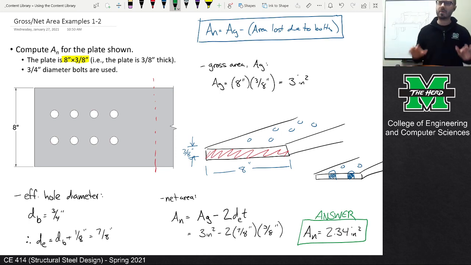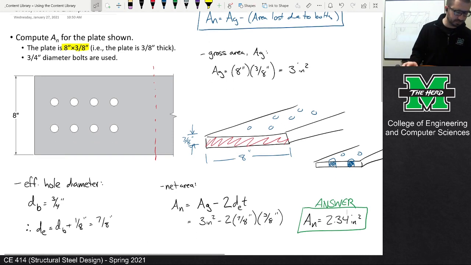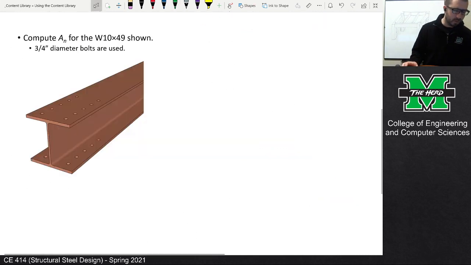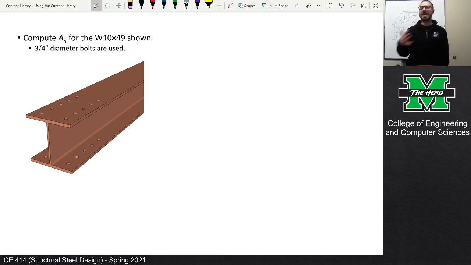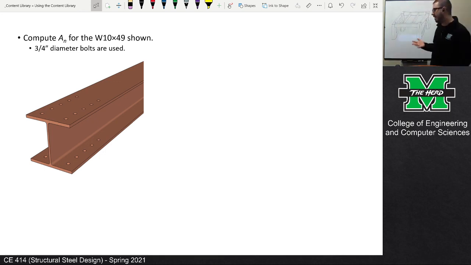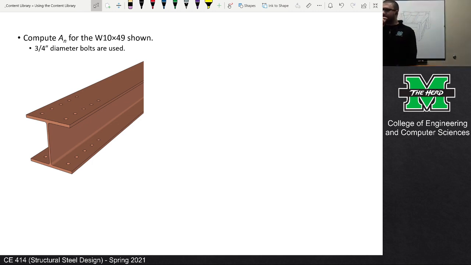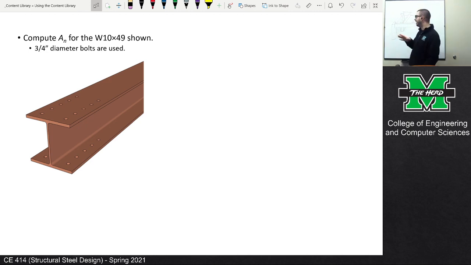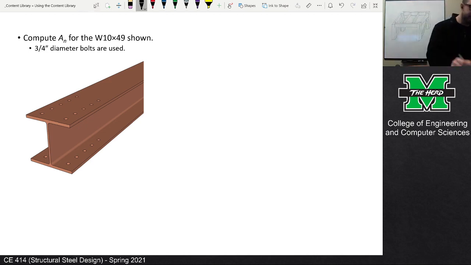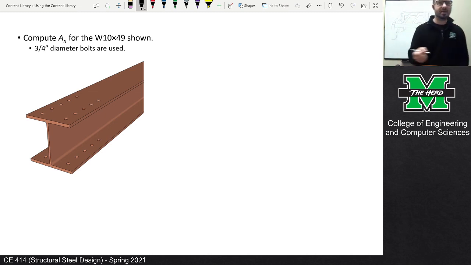Okay. Now let's take it a step further. Now let's do this one. Okay, so now we're going to compute the net area for a W10 by 49. In order to find the net area for a W10 by 49, we need the gross area for a W10 by 49.